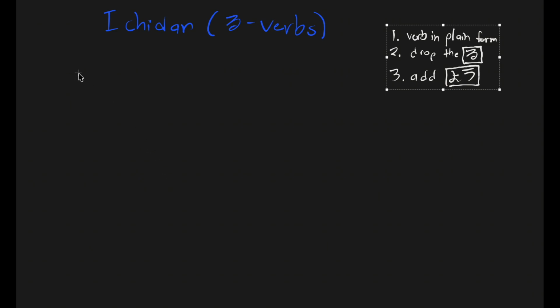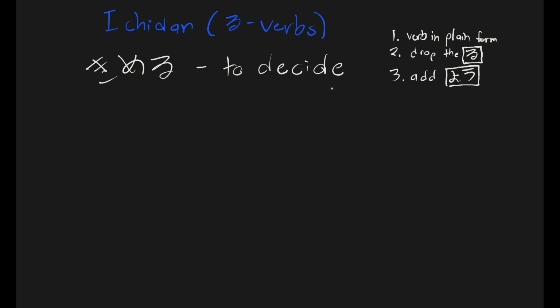So let's do a practice one. Let's do kimeru. So we have kimeru here, which means to decide. Now, what do we do here? It's in plain form, and we first drop the ru.